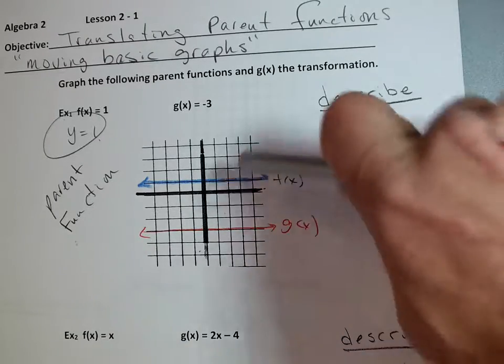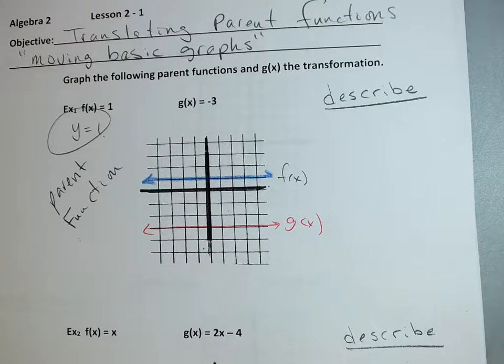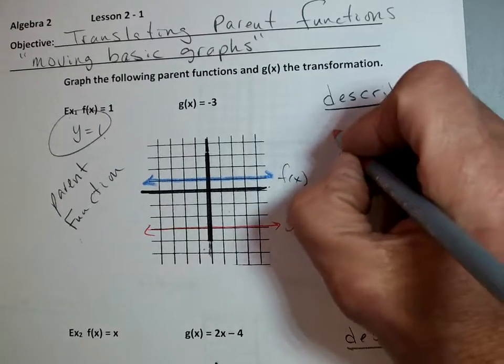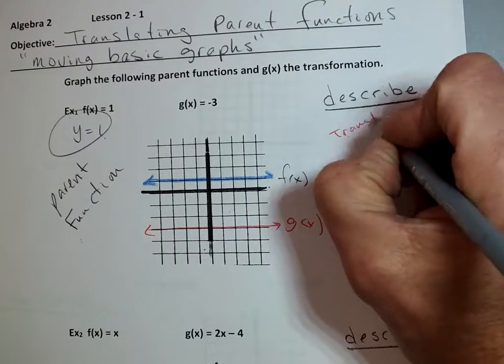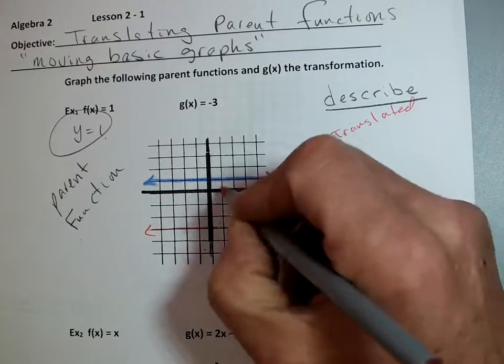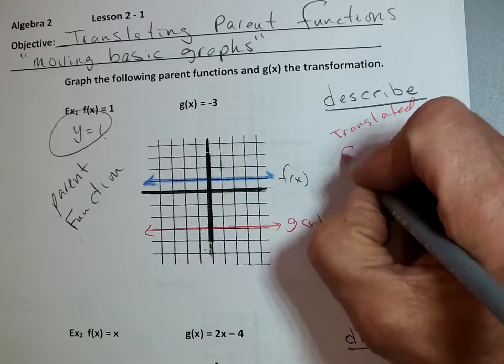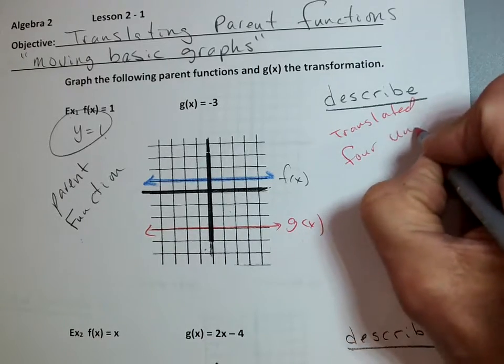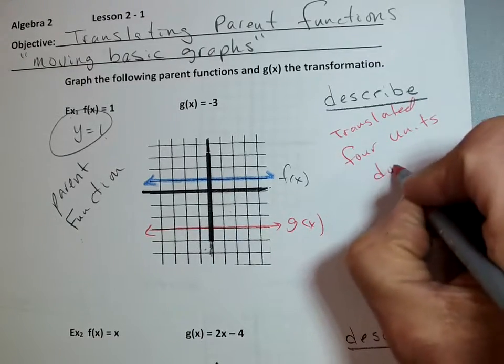What happened from blue to red? Words. Give me words. I just moved it, didn't I? Moved it down. So we could say that it was, I'm going to say translated 1, 2, 3, 4 units down.